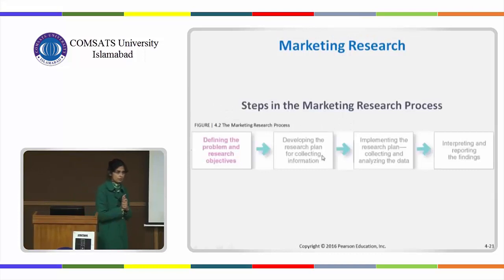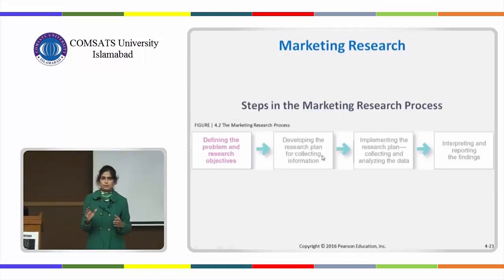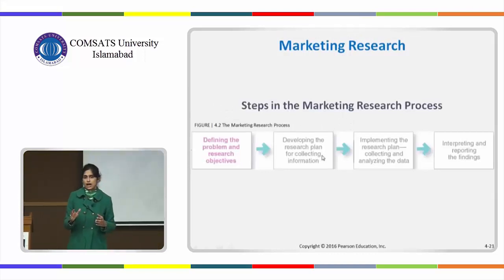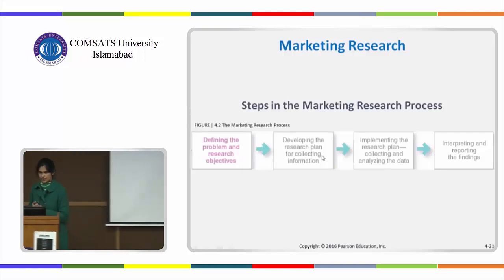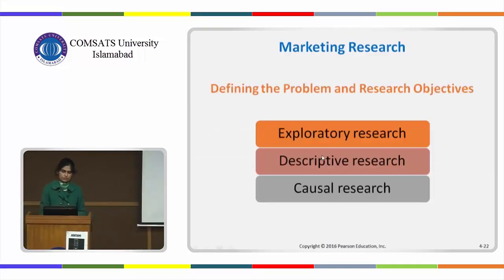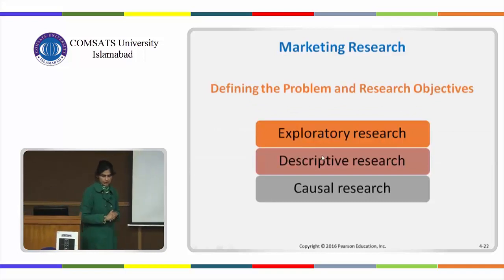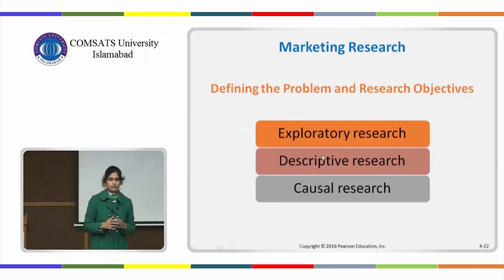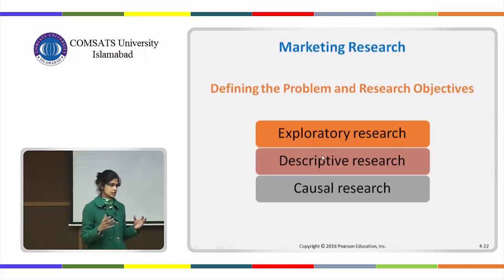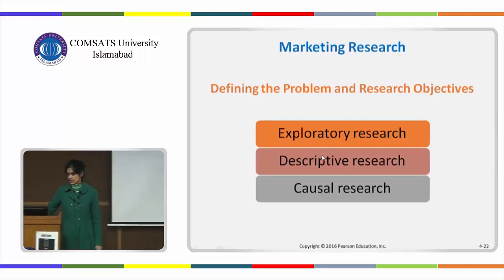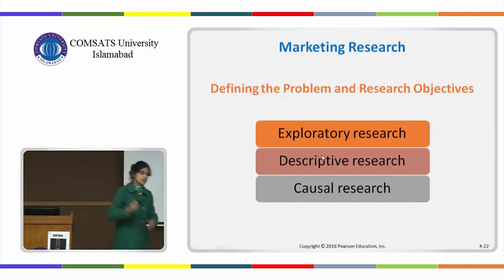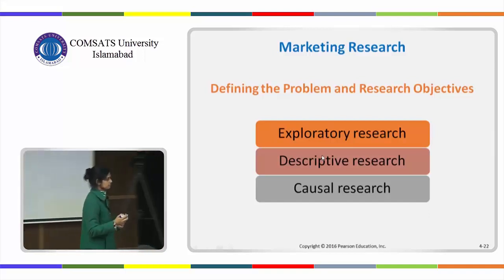So in marketing research, what would you do? You would define the problem, the first and foremost step of marketing research. So defining the problem and research objective. Now when you're defining the problem, there are three types of studies that you can undertake, right? The very basic three forms of studies. The first type of study is called the exploratory study.